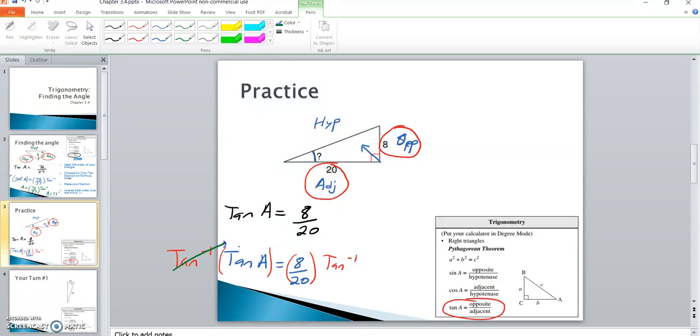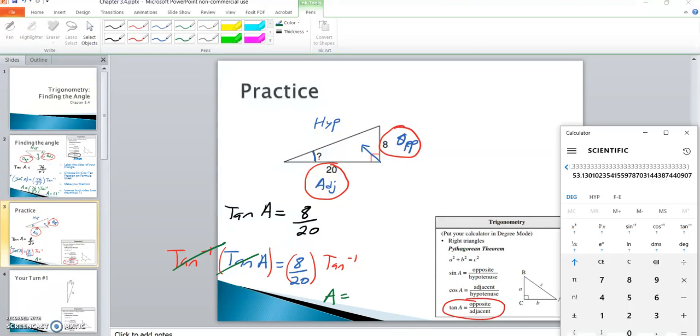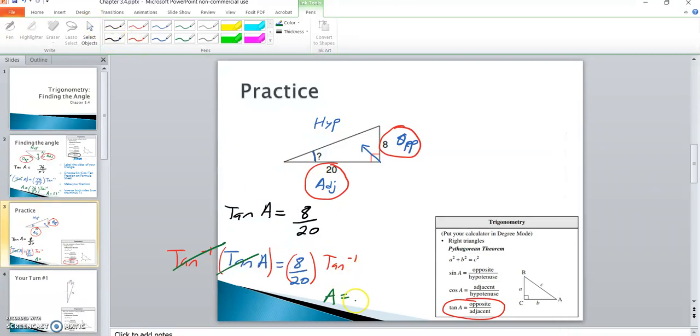From here, the tans cross out, so I only have the A. And then on this side, I'm going to have to go 8 divided by 20 equals, and then I will have to hit second and then the tan minus 1. So it looks like it's 21.8, and this is very close to 22. So we're going to say 22 degrees.